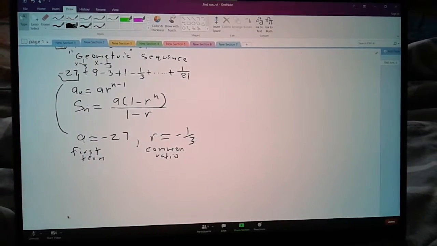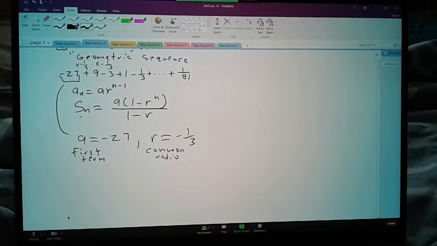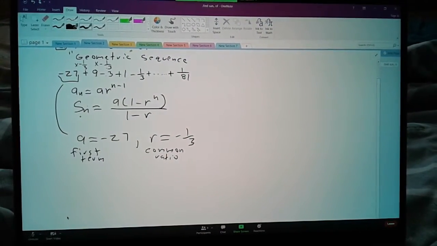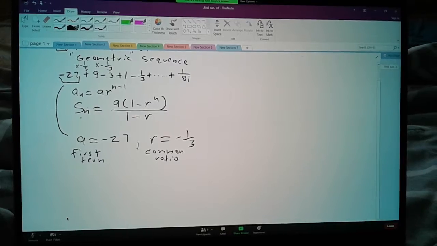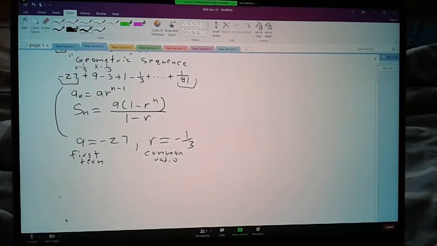Okay, so we know the first term and the common ratio, but we don't know what the nth term is yet. We have to figure out that part. We know that it stops at 1 over 81, so we can keep going to see how many terms we get.